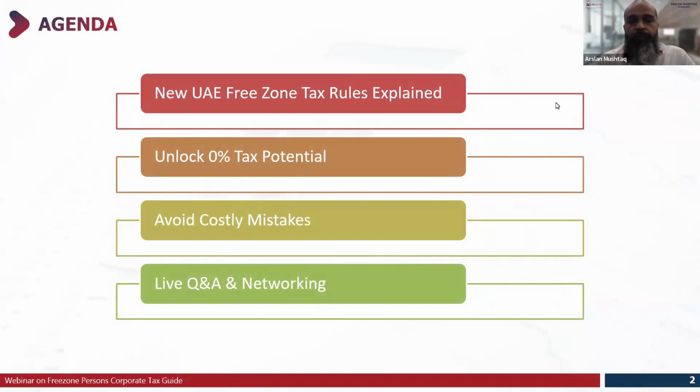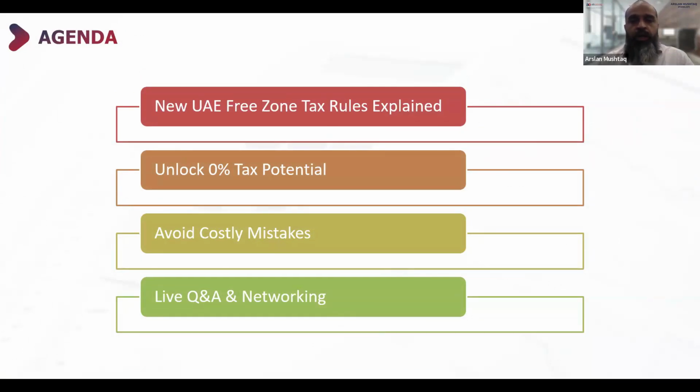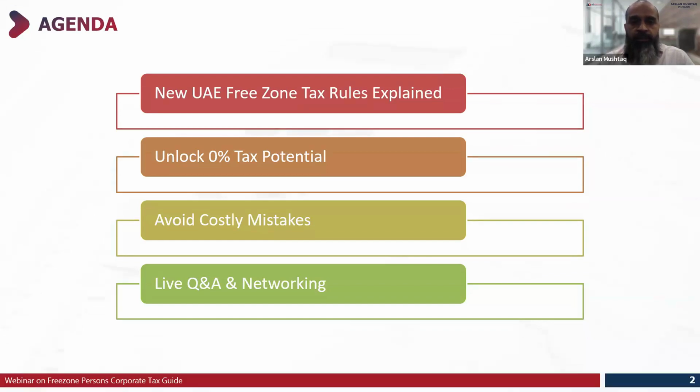Then we're going to dive into how free zone entities can actually avail a 0% tax exemption and what the key requirements are which they still have to comply with. And then just a couple of things where people are making mistakes, which probably can cost them at a later date. And then we're going to have a Q&A session at a later date.